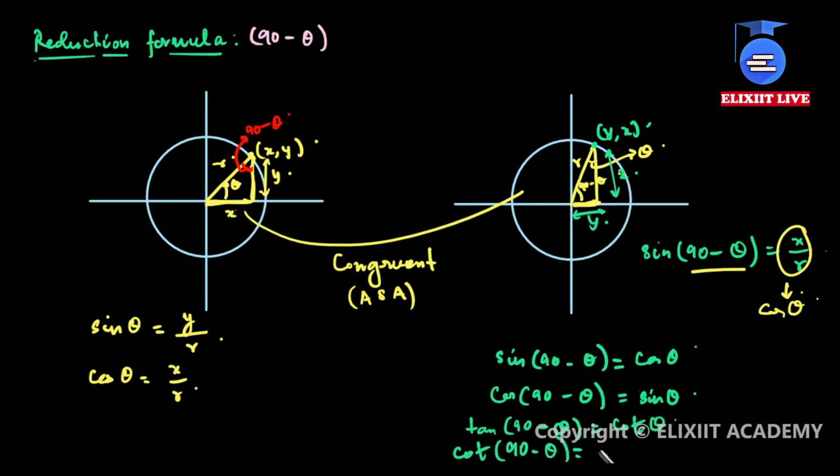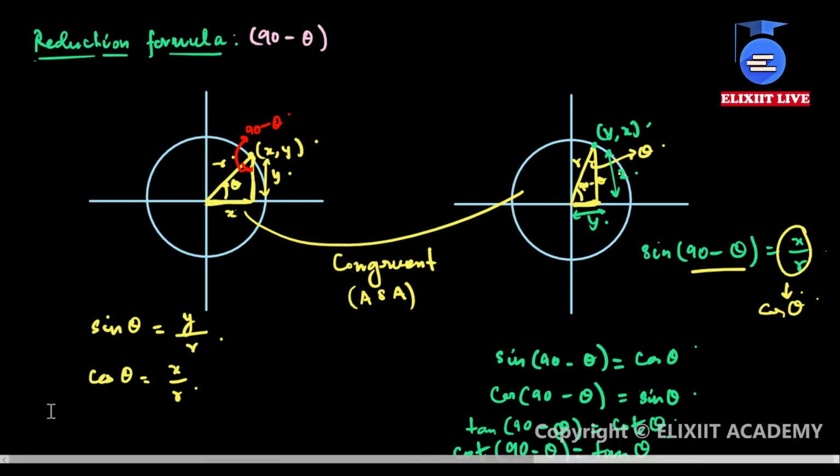You're doing this from your 10th standard. Cot 90 minus theta is tan theta. These things are already known to you, not new to you. Once in a lifetime you must know the proof of this particular thing, what we are doing over here with respect to this unit circle concept. Actually we have derived this thing.